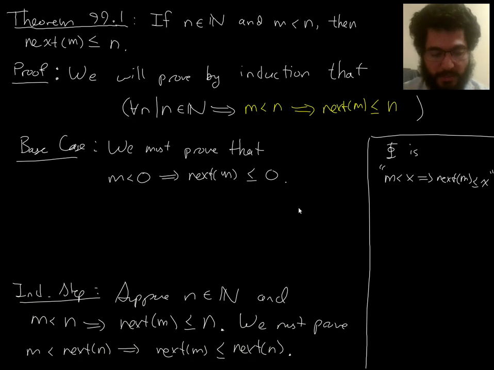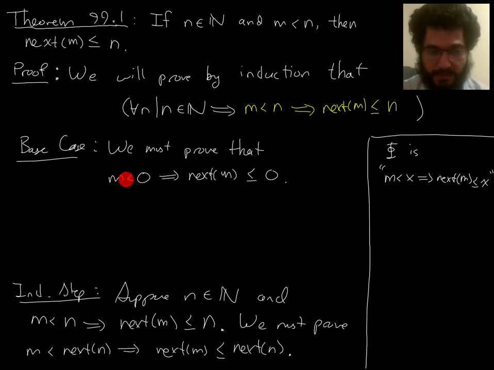So how do we prove the base case? We need to prove this implication, and that means we should assume m is less than 0 and then attempt to prove next m is less than or equal to 0, right? But there are a couple of ways of looking at this. One way is, hey, m is less than 0 is always false, actually, right? Nothing is less than 0.